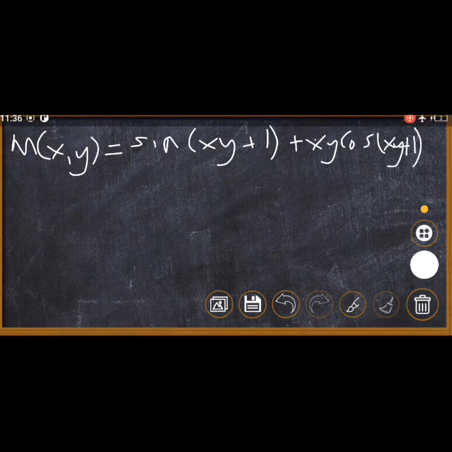So in this case, we have to differentiate this function with respect to y. Only the y part is what we will differentiate.